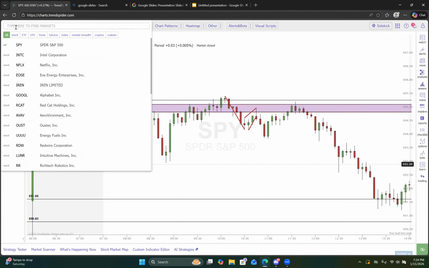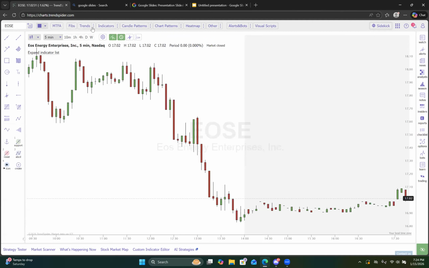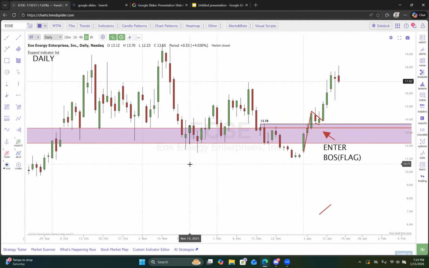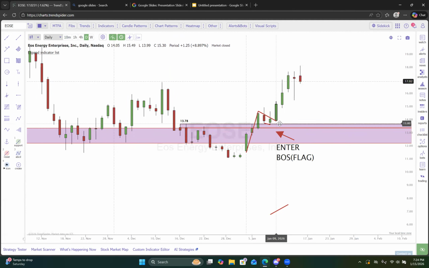And then, for example, with SPY, we're day trading, we're not really swinging, but say, for example, again, like EOS. Well, you identify this, right? We came right back into 14, 13.50. Identified this flag, you use it for a longer dated swing.